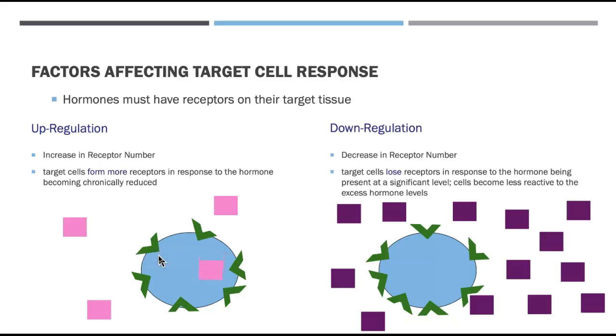So here's our hormone that makes it into the cell, and then we create that messenger RNA that is going to create more receptors that we can place on the cell membrane.